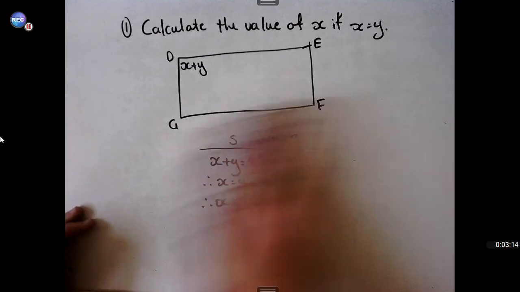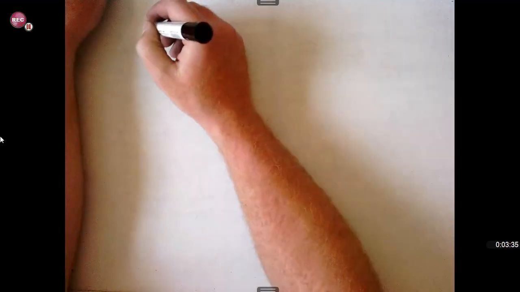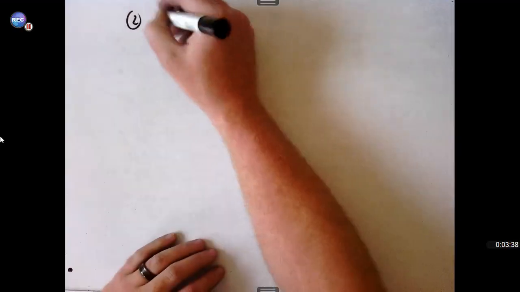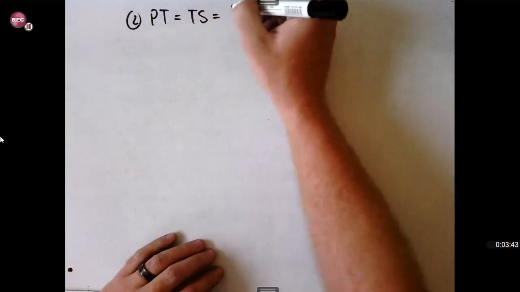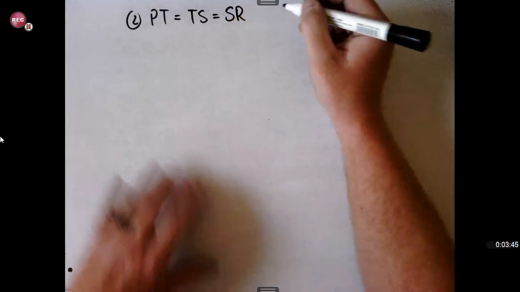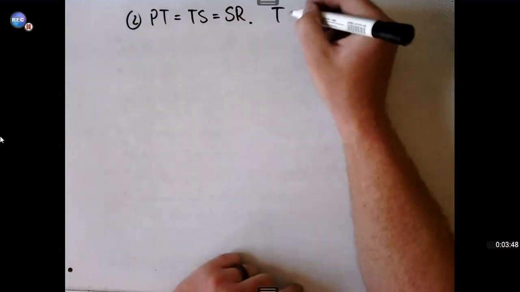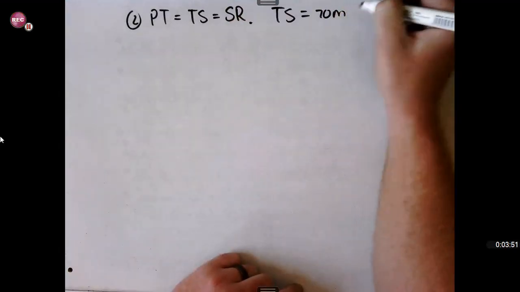Our next question with regards to the 2D shapes is the following. They tell you that PQRS is a parallelogram. PT equals TS, which is equal to SR, and then they tell you furthermore that TS is equal to 70 millimeters.